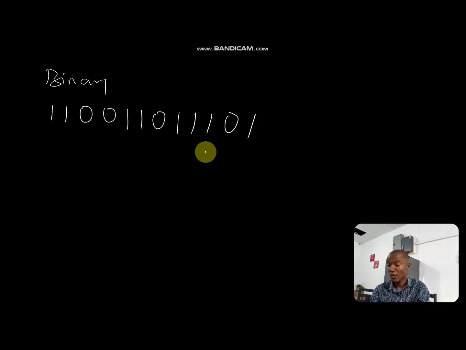So if you have a binary number like 110011011, and we are to change this to hexadecimal, we regroup the binary numbers in groups of 4 bits.